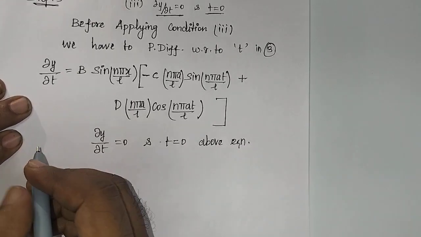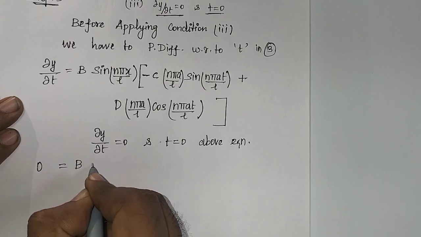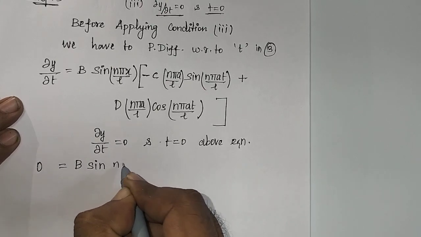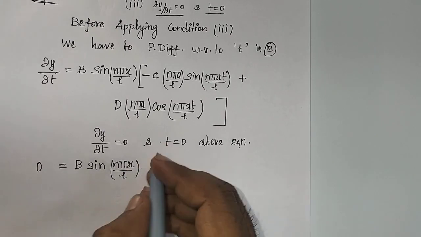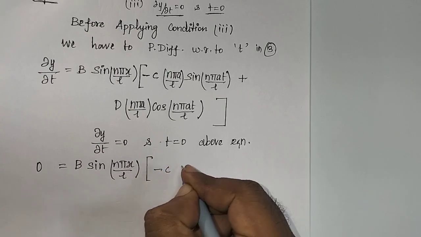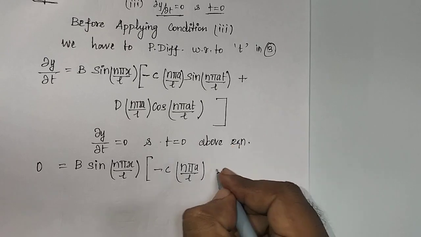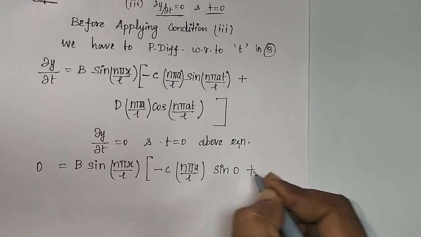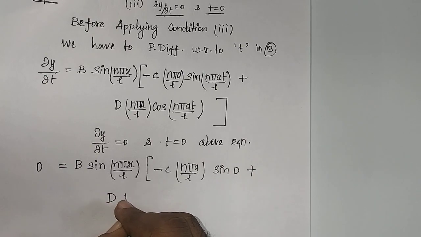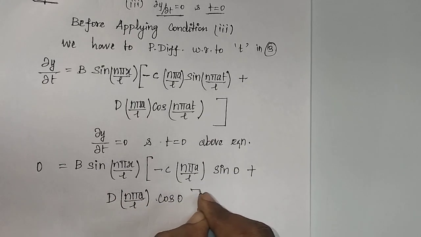So you can apply dou y by dou t equal to 0, and on the right hand side b sin n pi x by L, and minus c n pi a by L sin t equal to 0, and plus d n pi a by L cos t equal to 0.